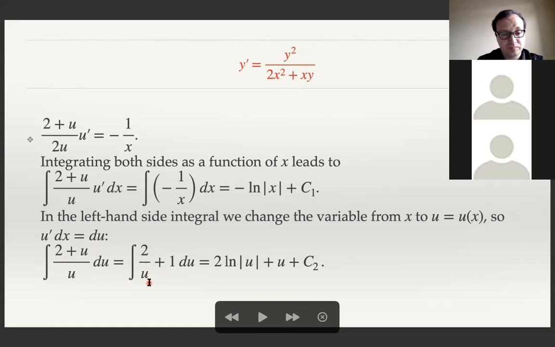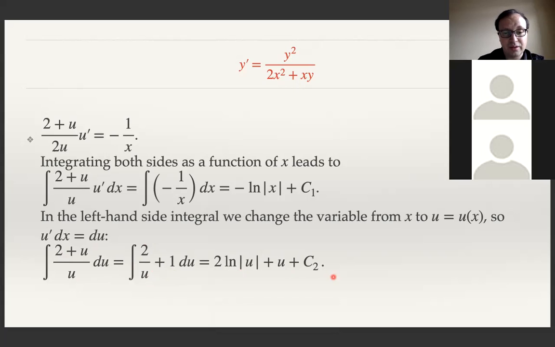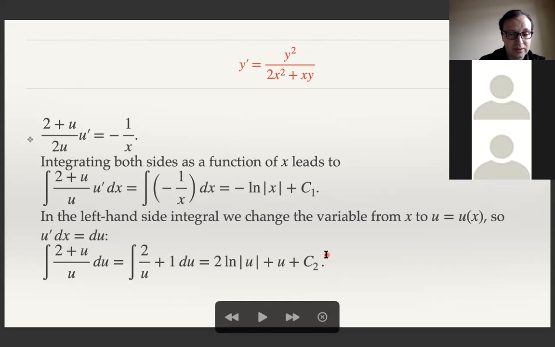So it's the integral of 2 over u du, which is twice natural log of absolute value of u, plus the integral of 1 du, which is u, plus another constant because antiderivatives are only unique up to a constant. The constants C1 and C2 may be, but need not be, the same.